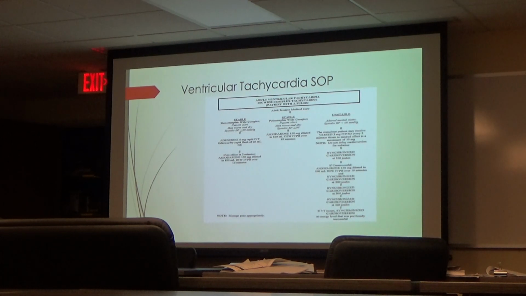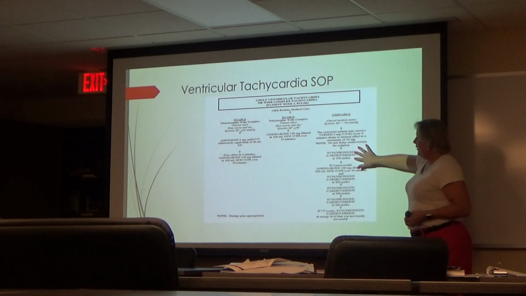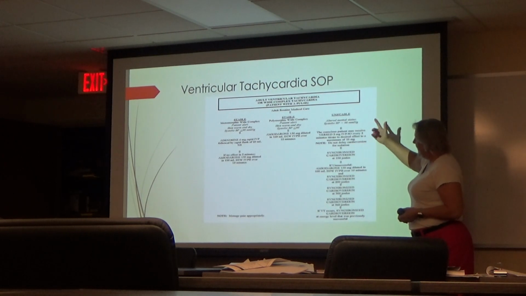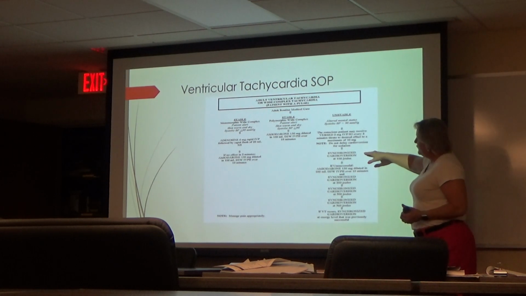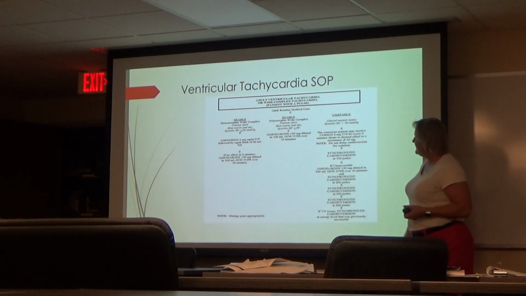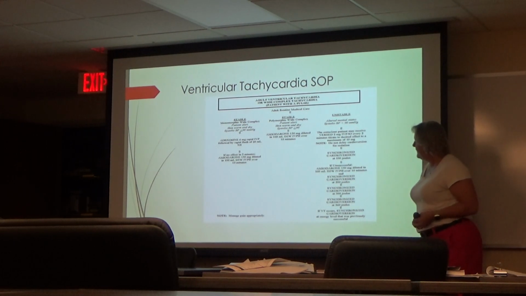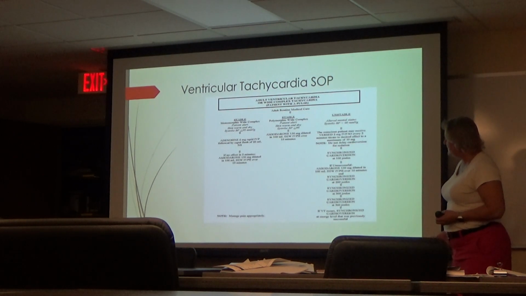And the big thing to note with this is that if they start off unstable, we can cardiovert right away using our Versed. Again, don't delay cardioversion for sedation. But after we do that 100 joules, if they don't convert, here's where we're going to give our amiodarone, 150 milligrams in 100 cc's of D5W over 10 minutes.